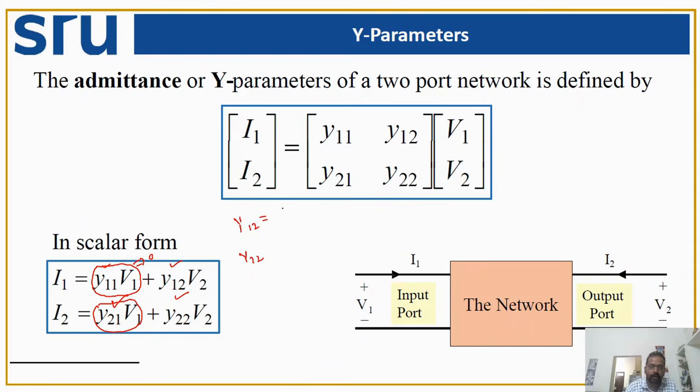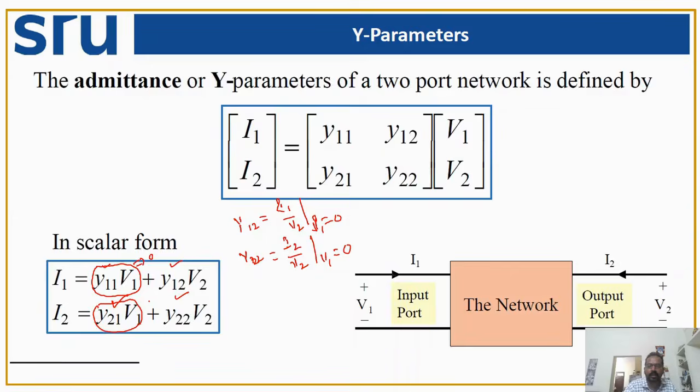Y12 is I1 by V2 when V1 is equal to 0, and Y22 is I2 by V2 when V1 is equal to 0. So we are able to compute Y11, Y12, Y21 and Y22 by short circuiting the input and output ports. The other name for Y parameters is therefore the short circuit parameters.